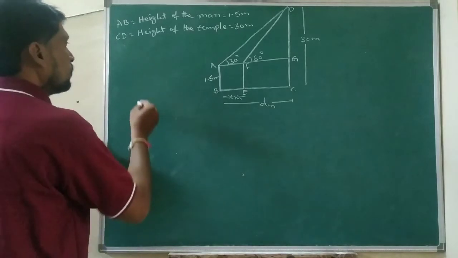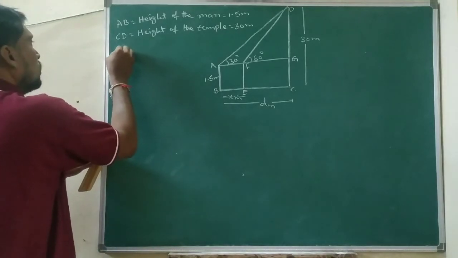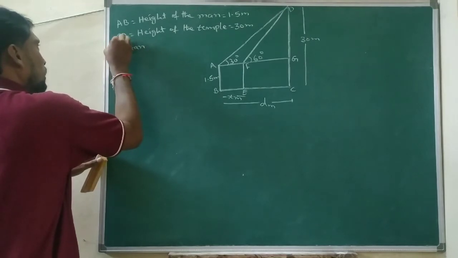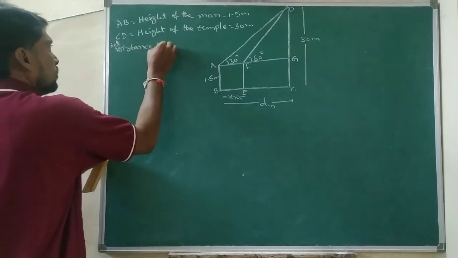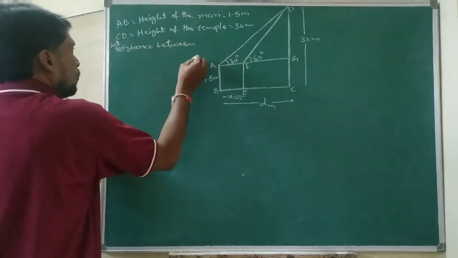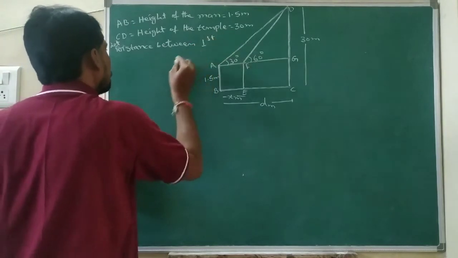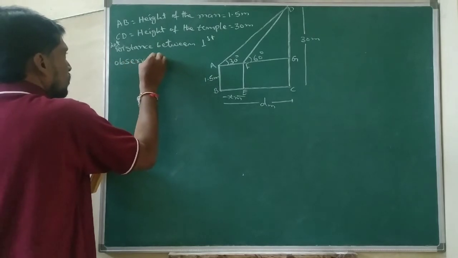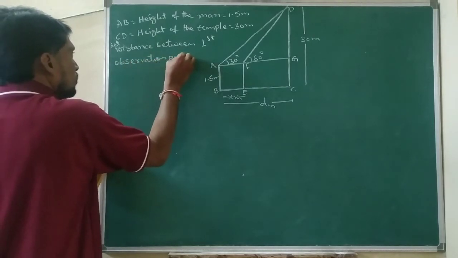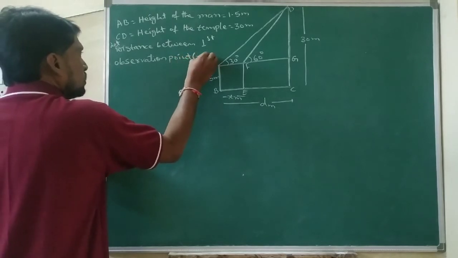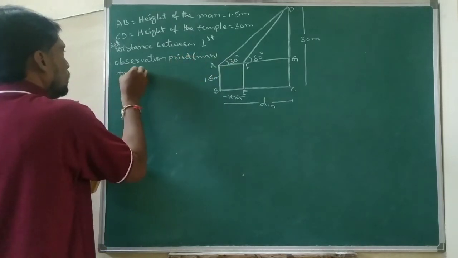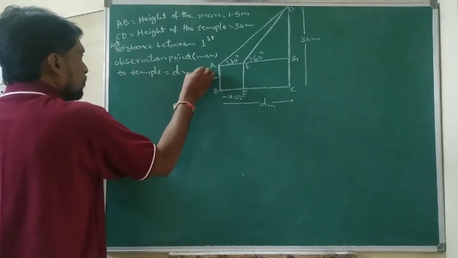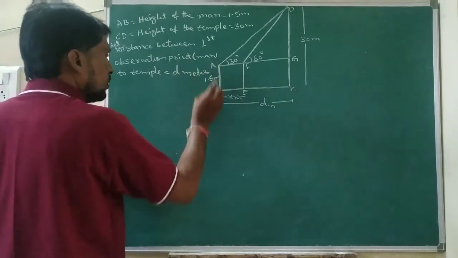The distance between the first observation point and the temple equals d meters.